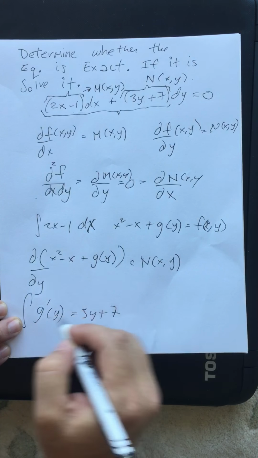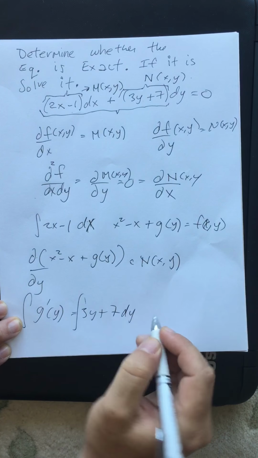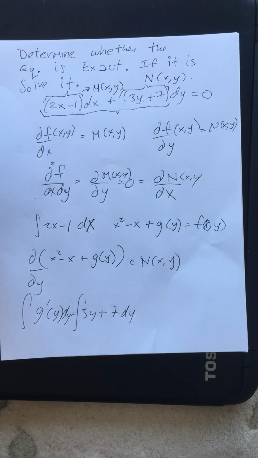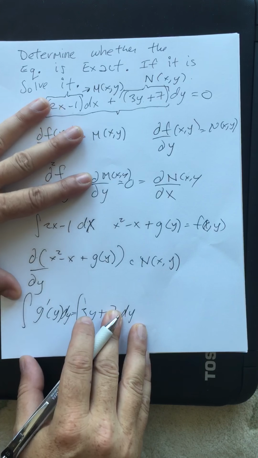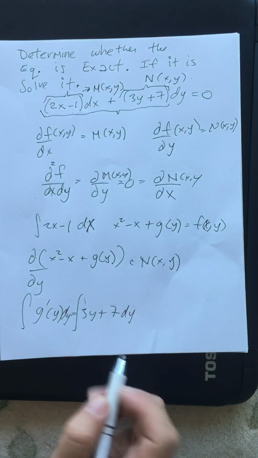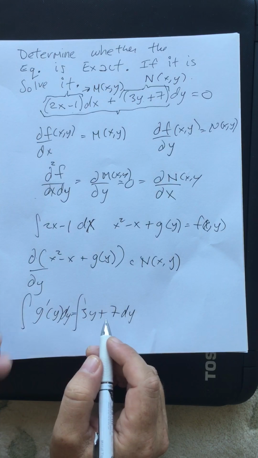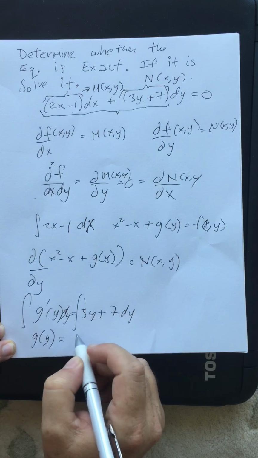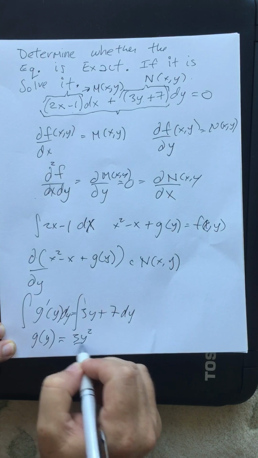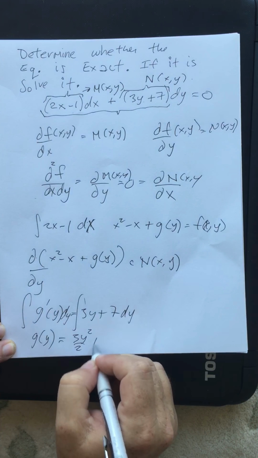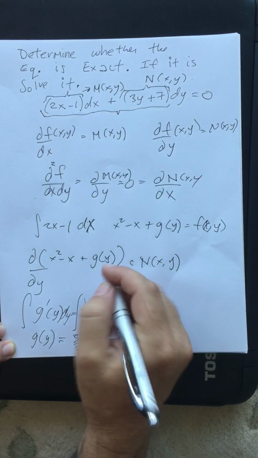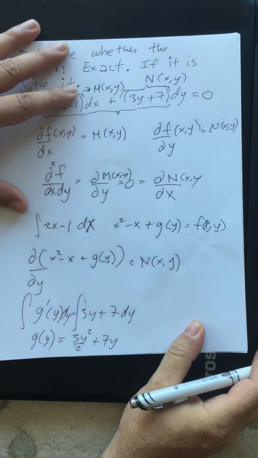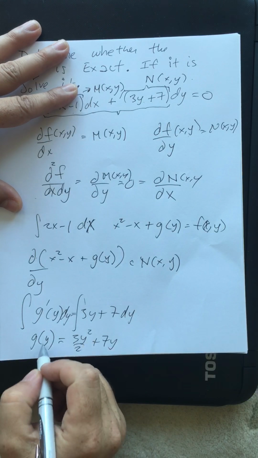Now, what do we need to do? We need to integrate that with respect to y to get our function back. Go ahead and integrate that. You're going to get g(y) equals 3y squared over 2 plus 7y. So we have our g(y).